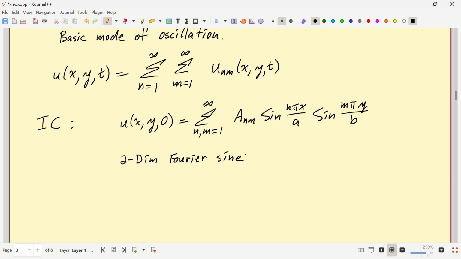They're all orthogonal, and so that's how you isolate what the a nm coefficient has to be. So in the two-dimensional Fourier sine series, these basic functions are orthogonal when you integrate over the rectangle.